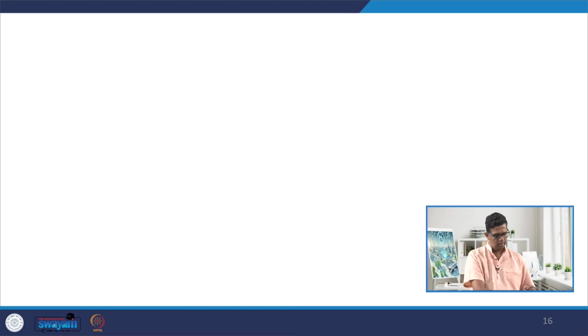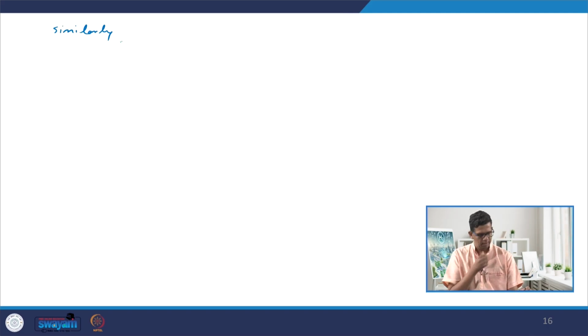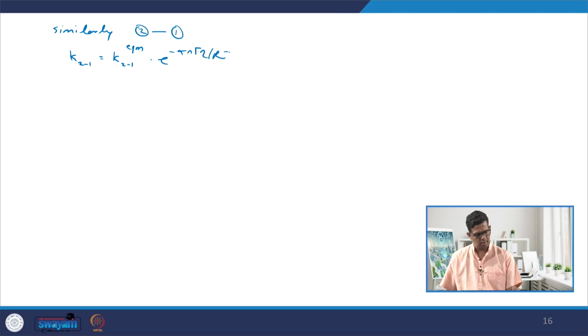Similarly, for the reverse or backward reaction, that is 2 to 1, how will it look? So K21 equals K21 equilibrium times e to the power minus alpha nF eta by RT.